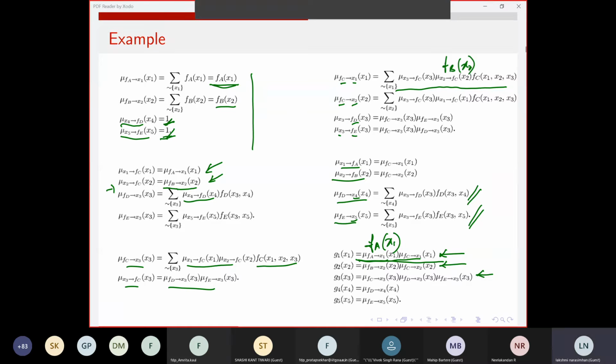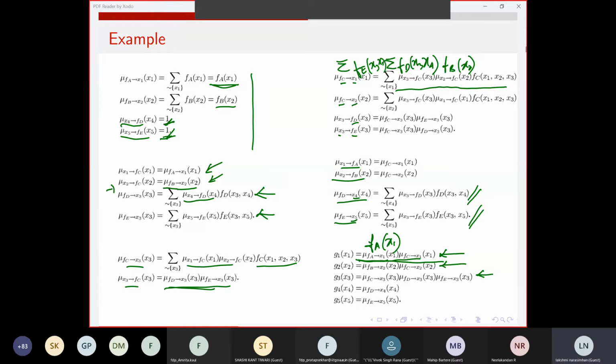And what is x3 to fc? X3 to fc is the product of these two messages. And what are these two messages? These two messages are in turn these messages, which is nothing but the product of fd x3 x4 and the product of fe x3 x5.